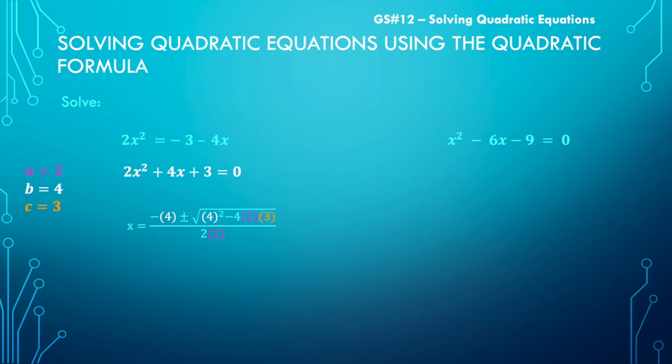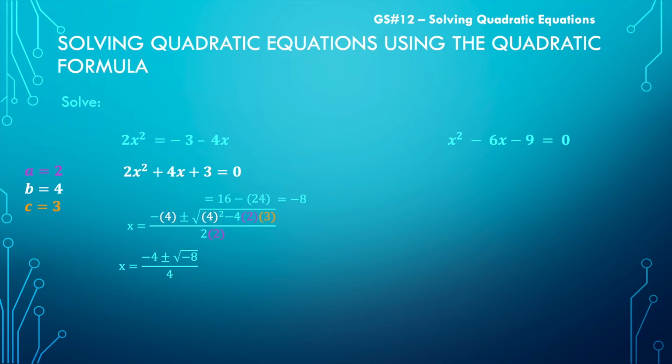So 4 squared is 16 minus 4 times 2 times 3, which is 24. So 16 minus 24 gives us a radicand of negative 8. Let's rewrite our entire expression with all 3 pieces simplified. So we would have negative 4 plus or minus the square root of negative 8 all over 4.